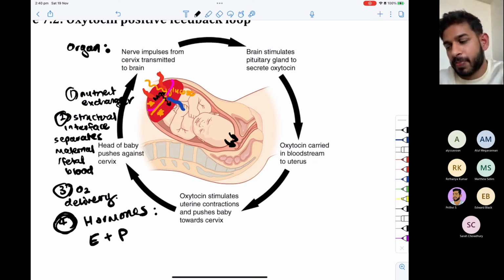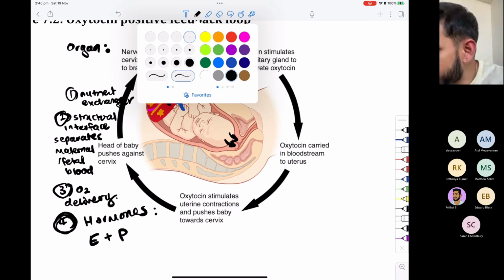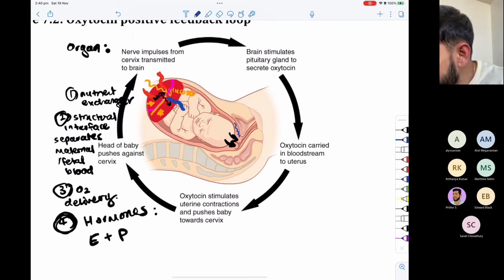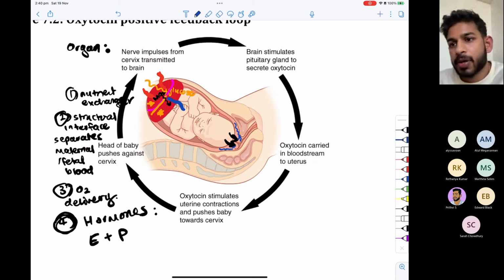And what you need to appreciate is that there are nerve endings at the cervix. It's a sensitive area, right? So when the baby's head, the fetal head, pushes against the cervix, nerves are stimulated. And those nerves send signals at hundreds of kilometers per hour straight to the brain.